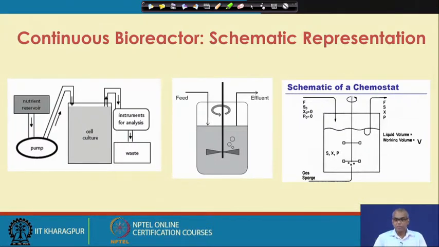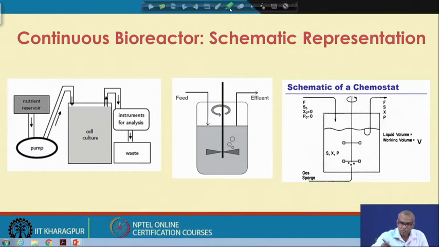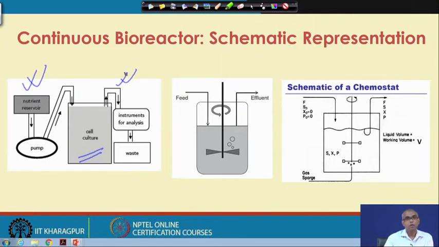These are some schematic representation of the chemostat or continuous bioreactor. As we discussed, we have a nutrient reservoir from which the nutrient is continuously pumped to this bioreactor. Also, the flow rate of the exit stream is same as the flow rate of this inlet stream.